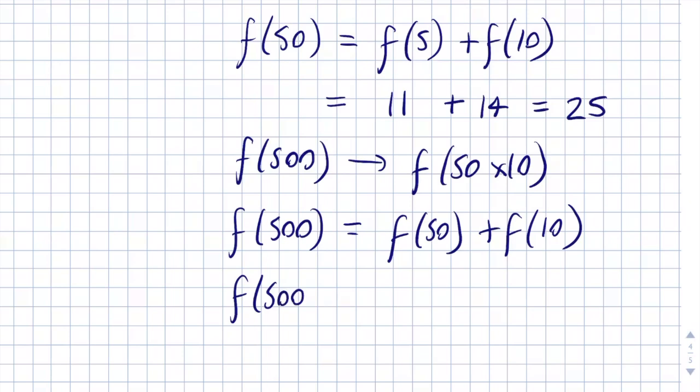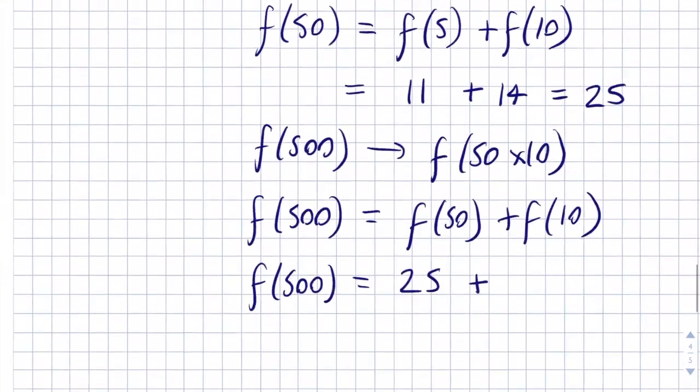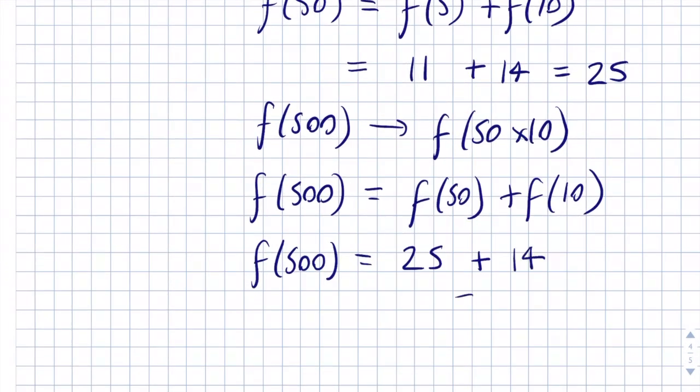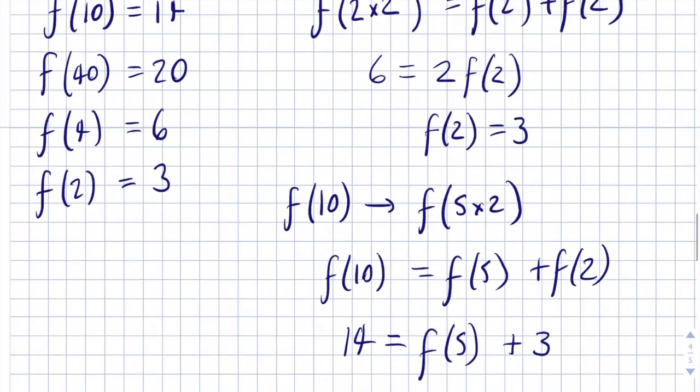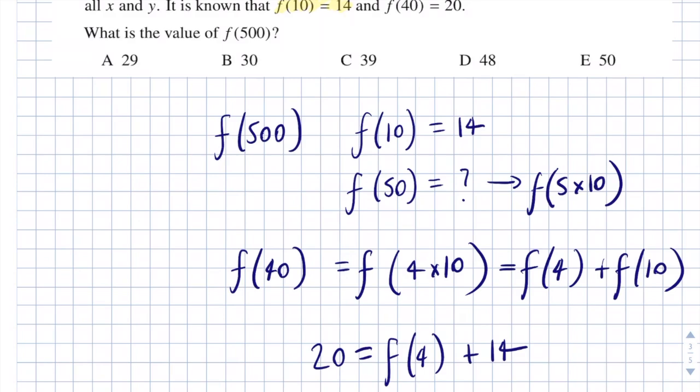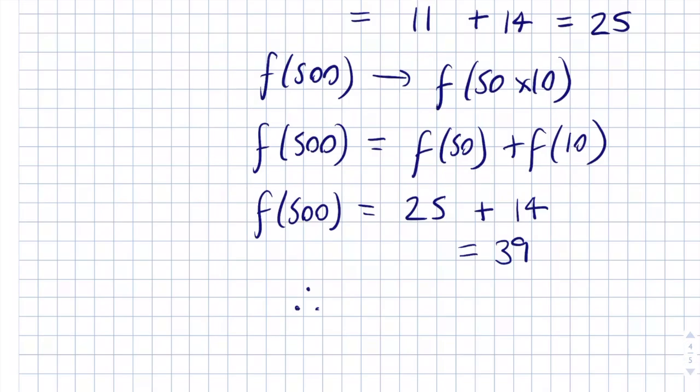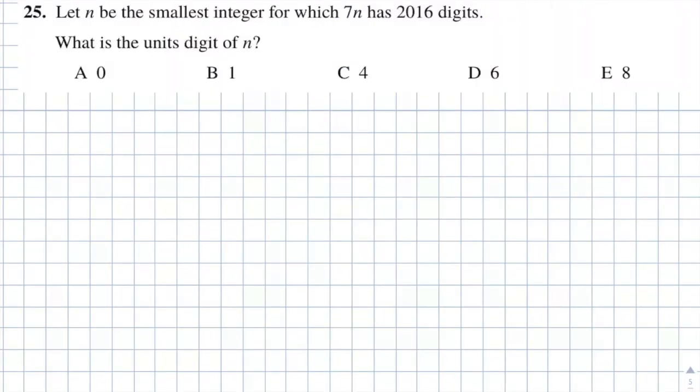And of course function 50 is 25, and function 10 we were given was 14. So therefore it's 25 plus 14, which is 39. If we look at our answers, C is 39. So therefore answer equals C.